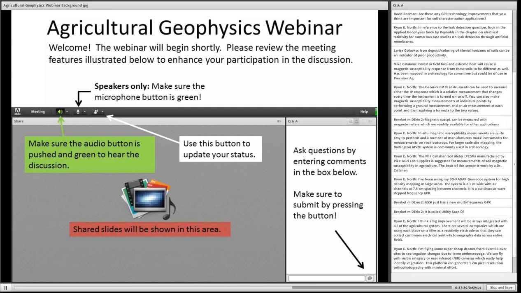I have a next question. This is going to be directed for both Rick Taylor and Larissa Golovko. And this is something I've kind of wondered about a lot, and that is soil electrical conductivity itself is temperature dependent.